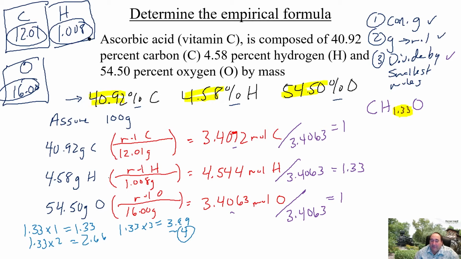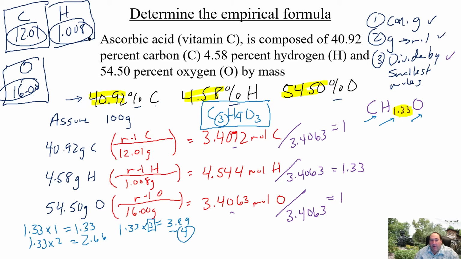So that is pretty close to round. I'm going to multiply my empirical formula by a factor of 3. Once again, it is not just multiplying this one by 3, but we have to multiply everybody by 3. If we do that, that will give us C3H4O3. And that would be our proper empirical formula.